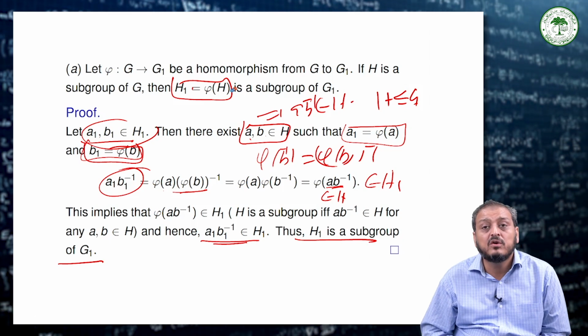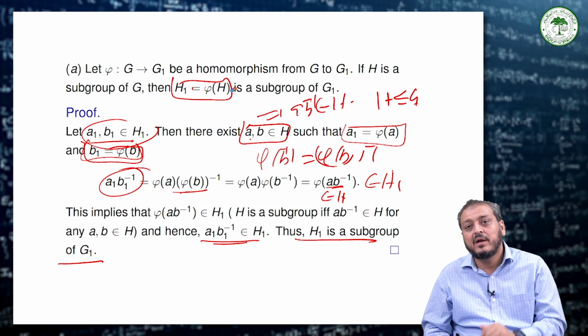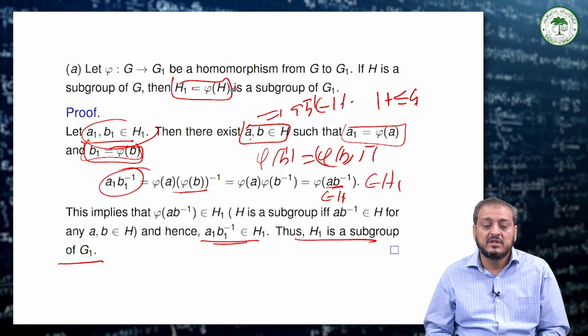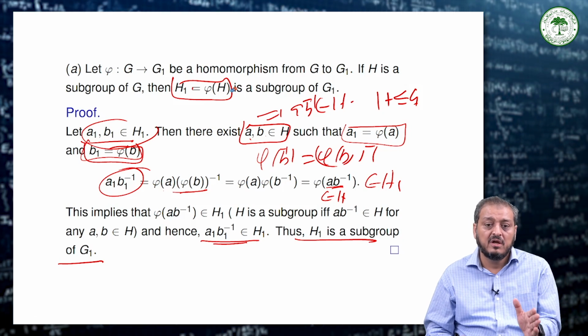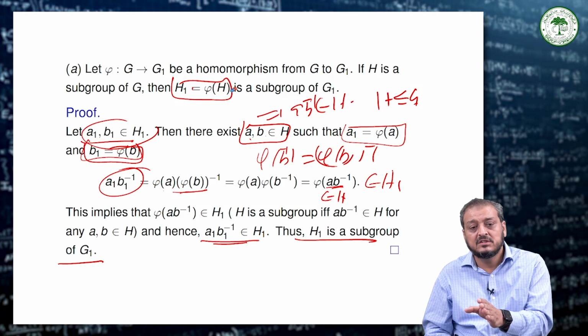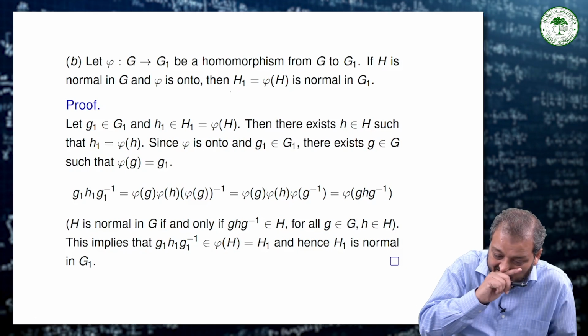Now next we try to prove that H1 is normal, but we have to use one more condition. That condition is that we have a homomorphism, H is a normal subgroup, and also phi is onto. So we have to use the onto-ness here.